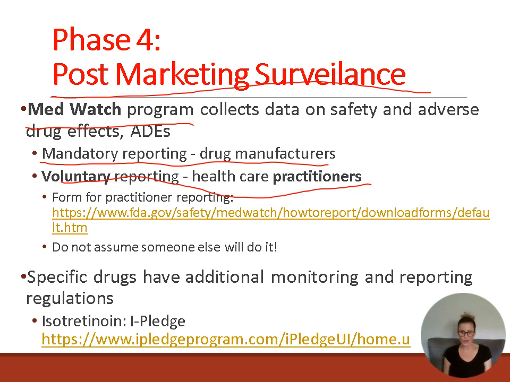We didn't know until post-marketing surveillance. Fluoroquinolone antibiotics can cause tendon rupture. We didn't know until we started giving them to the general public. So this is really important. Don't assume that somebody else will report it, that somebody else will take care of it. Okay, you're a very important part of drug safety.